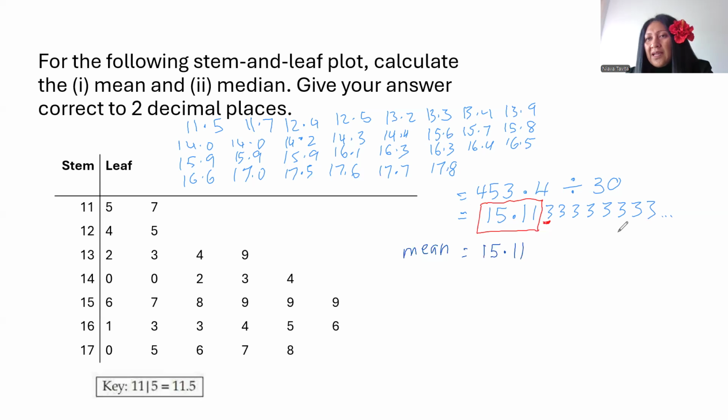So this type of decimal number is called a recurring decimal number, because there is a digit here that gets repeated, and we call it recurring. And when we write it, we should write it like this: 15.11, and then we write the number 3 with a dot on the top to tell us that that 3 gets repeated.